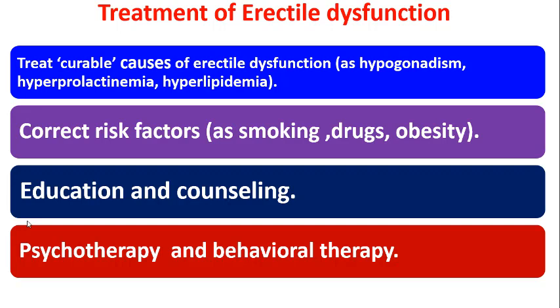You can correct the correctable risk factors, such as taking drugs, smoking, and obesity. You can educate and counsel the patient. You can instruct your patient to take psychotherapy or behavioral therapy when needed.